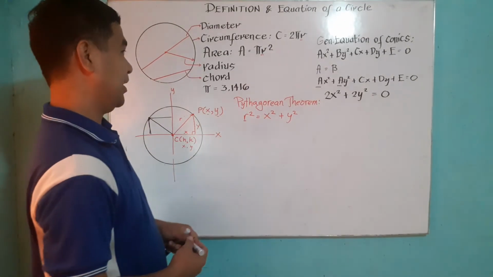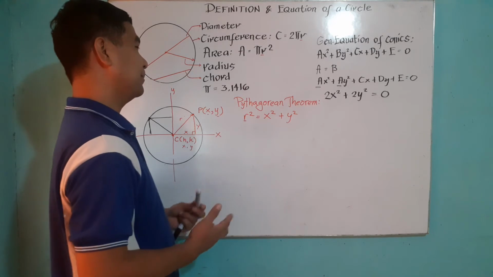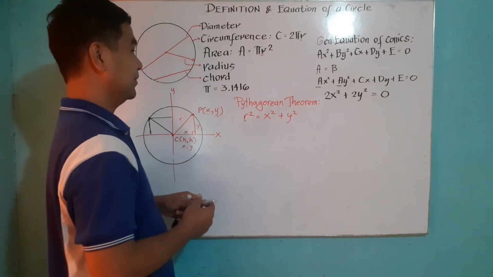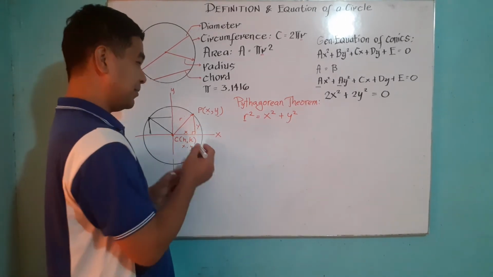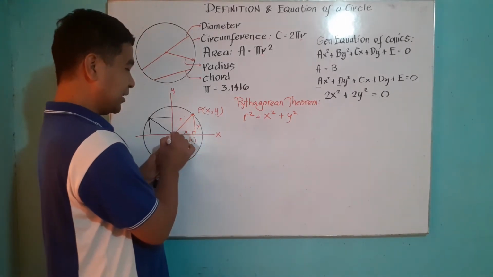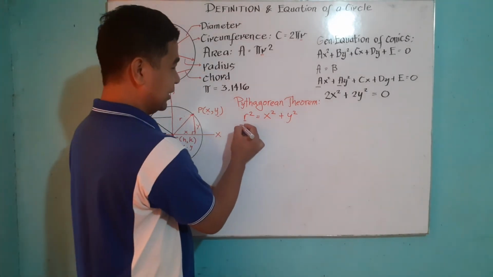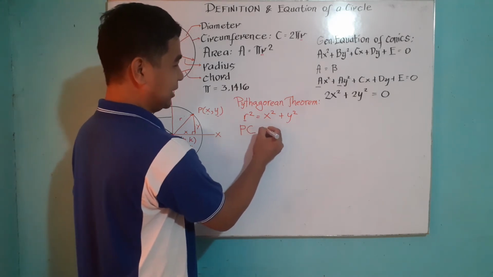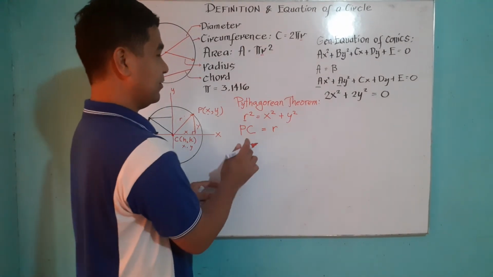Another thing is, how about if the center is not at the origin, but at h and k? We are going to use the distance formula. Still remember, if we are going to find the distance from point C to point P, the distance between point P and C is equivalent to r.